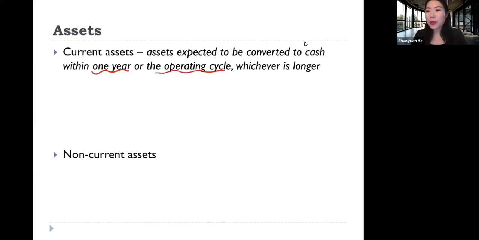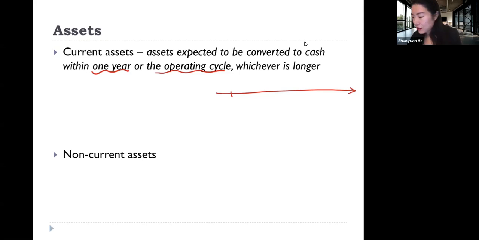What do we mean by operating cycle? Let me give you an example. Suppose I have a bakery and I make cupcakes and sell cupcakes in my bakery. What do I need to do in order to make and sell cupcakes? I need to first use cash to purchase raw materials. For example, I need to use cash to purchase flour and sugar.